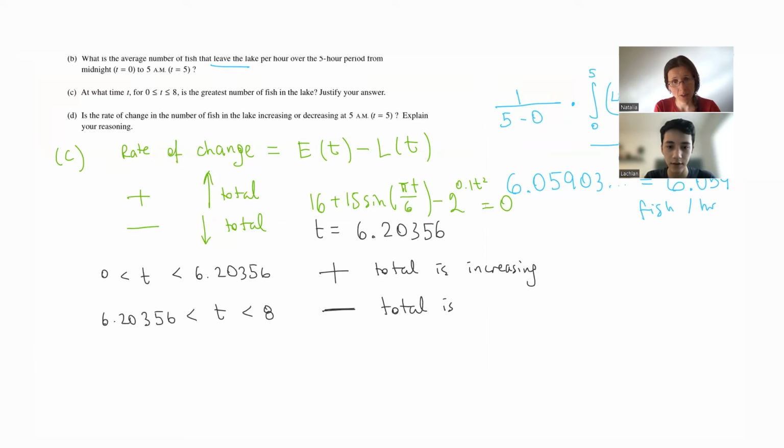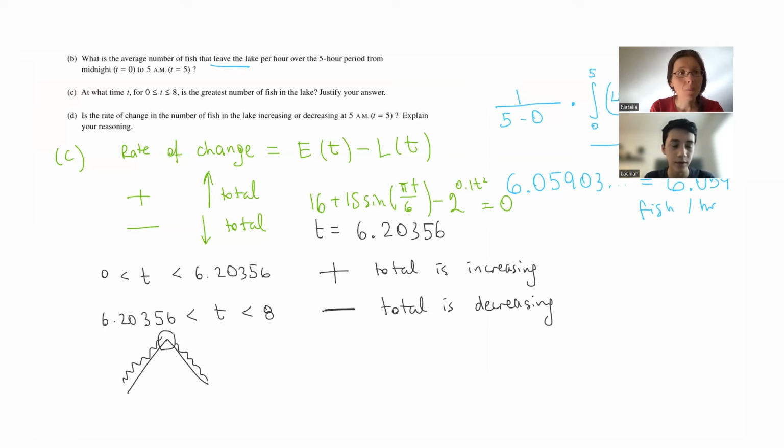Total will be decreasing. And now that we see that it's increasing on the left side and decreasing on the right side, then it's clearly an upside down parabola shape, which means that the critical point we've identified is a maximum, which means that's the maximum value on the range from 0 to 8, where t is between 0 and 8.